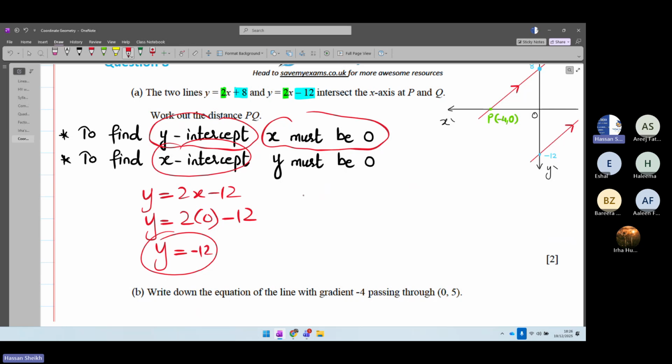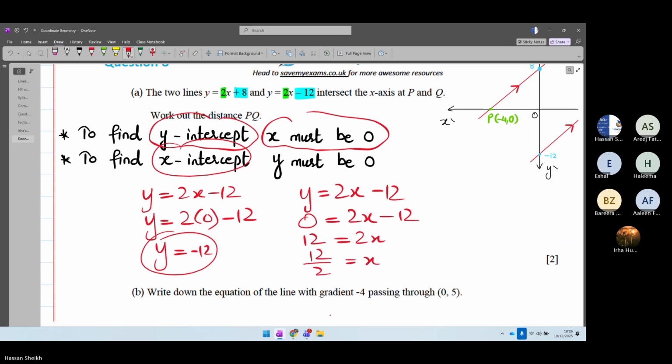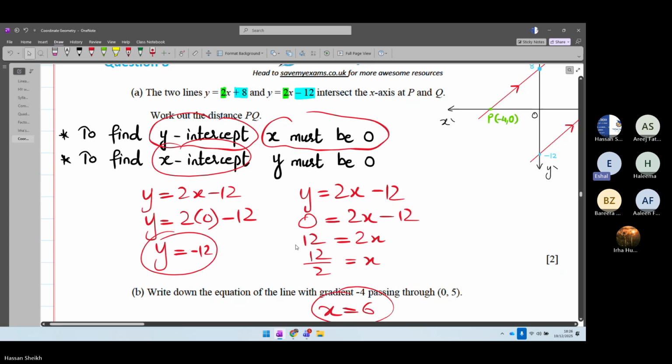Now to find the x-intercept, should I substitute y as 0 in the same equation? Yes. So what is the x-intercept? 12 divided by 2, 6. Now check the second line.